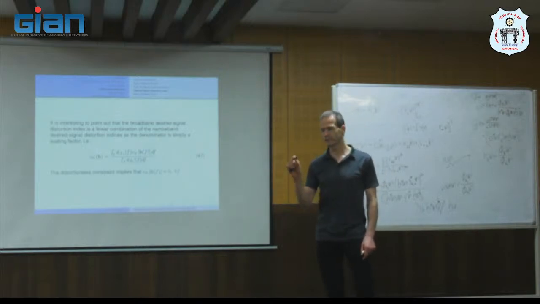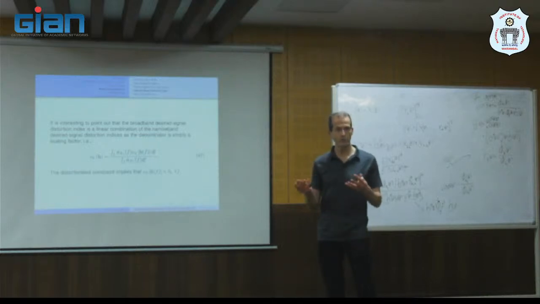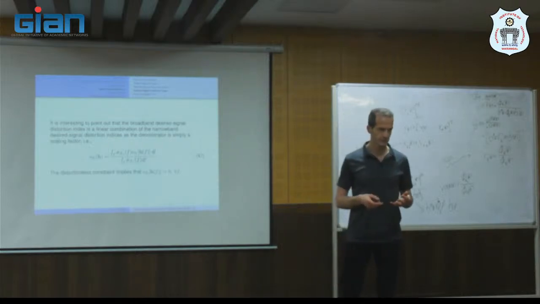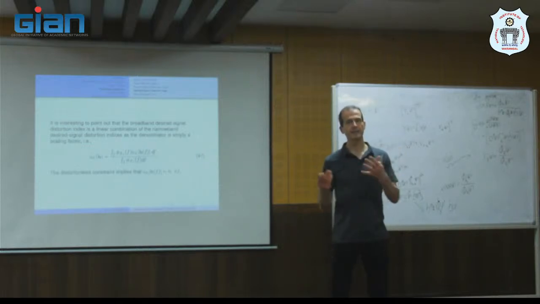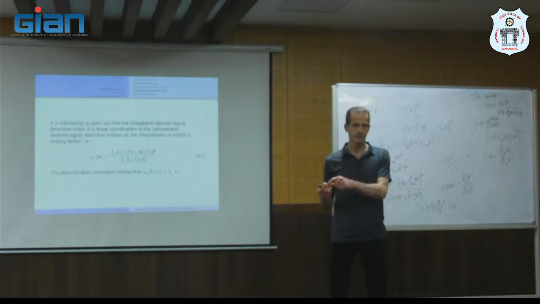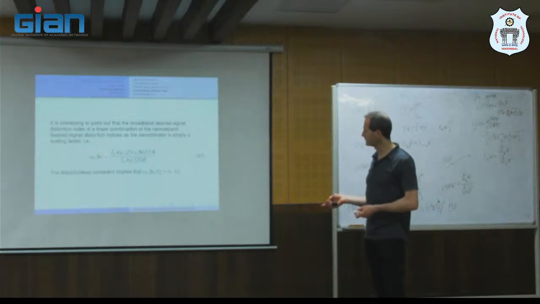If I have some percentage of distortion in some components of the signal, 10% distortion in strong components is much more significant than 10% distortion in weak signal components, okay? So the broadband distortion index is the summation of the narrowband distortion index multiplied by the variance of the signal.